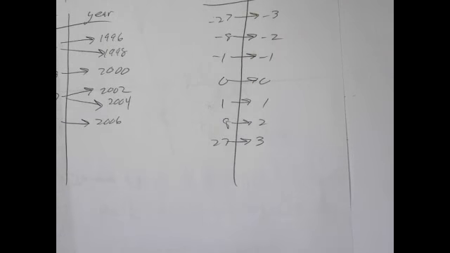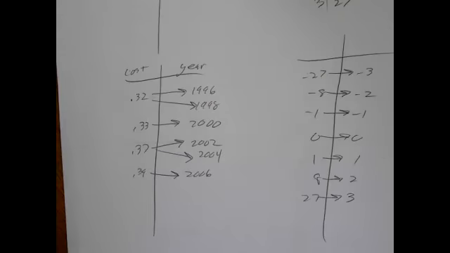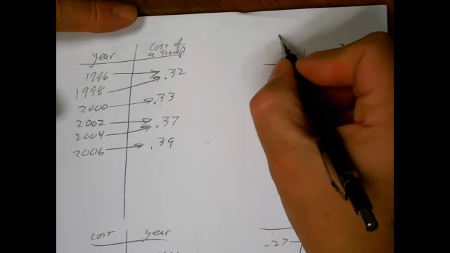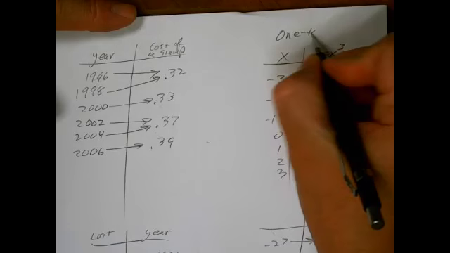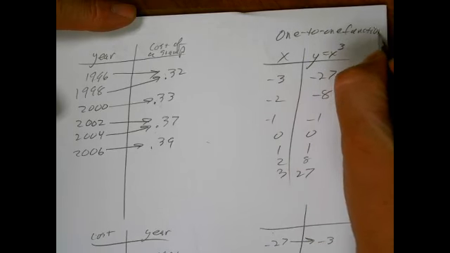All right, so we need to be able to identify which functions are going to have inverses that are functions as well. And when that's going to happen is when we have what's known as a 1 to 1 function.